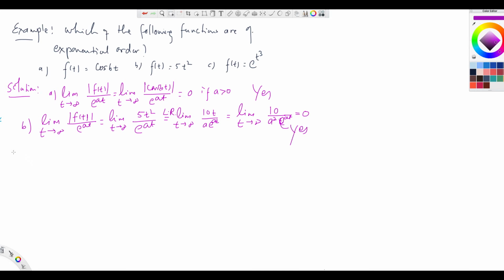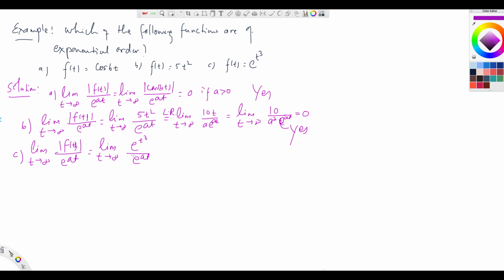Okay. So how about part c? Let's take the limit as t tends to infinity of the absolute value of f of t over e to the at, which equals the limit as t tends to infinity of e to the t cubed over e to the at. So this is infinity over infinity.